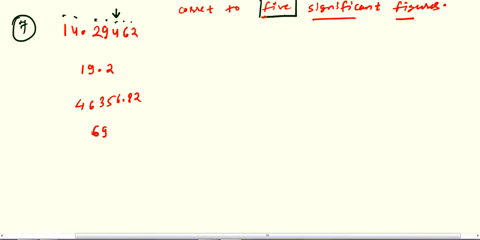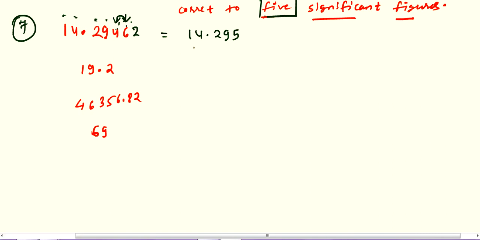Simply we have to round off. The last digit is 2, and 2 is less than 5, so this is a case of rounding down. So simply we will remove 2. Then after that we are having 6. 6 is greater than 5, so this will give 1 to the number previous to it, which is 4. So 4 will get 1 from this 6, so 4 plus 1 is 5. So our final answer is what?